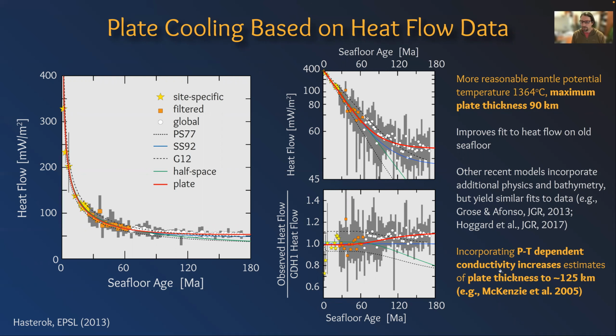So we really need to use these pressure-temperature dependent models to get better estimates. And in more recent years, some people have incorporated additional physics and also bathymetry into the fits, and things like geochemistry as well. And the results of those actually provide fairly similar looking plate cooling models, but might give us more precise estimates of lithospheric thickness.